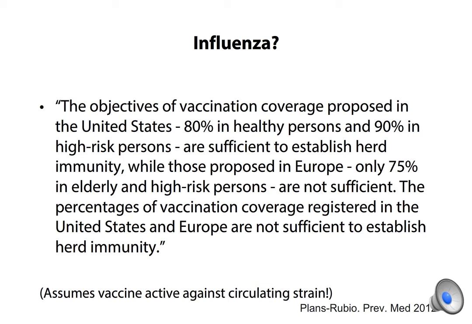The percentages of vaccination coverage registered in the United States and Europe are not sufficient now to establish herd immunity. So we don't now have current vaccination levels that are sufficient to establish herd immunity, but the goals of vaccination would, in fact, provide herd immunity against a circulating strain of influenza for which we had an effective vaccine.